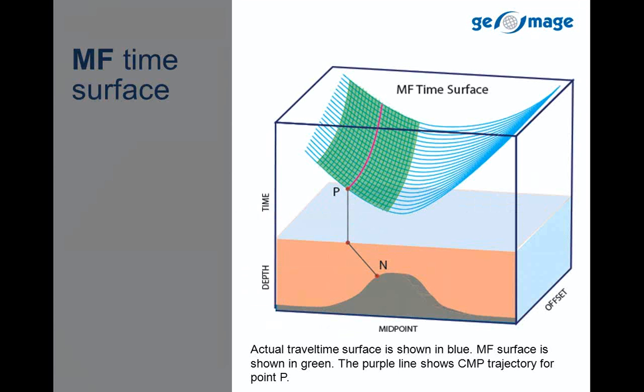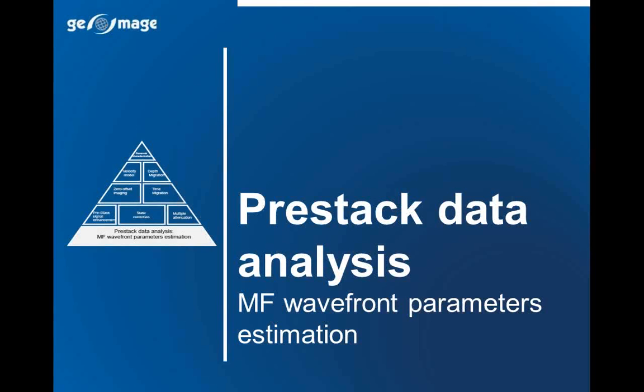So, what is here? So the first step, the basic, the fundamental step of our approach is prestack data analysis. The main information about the propagating media is contained in the waves propagating in this media.